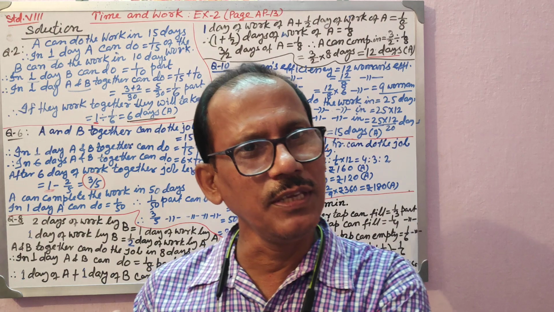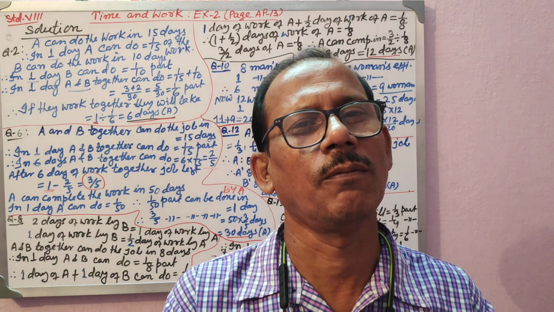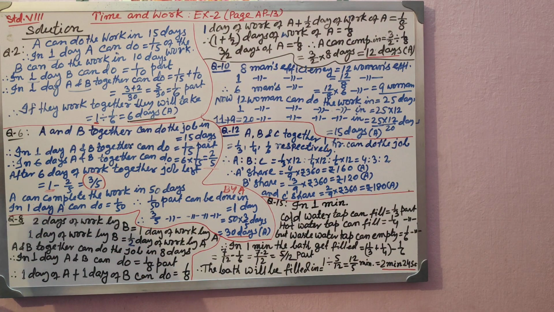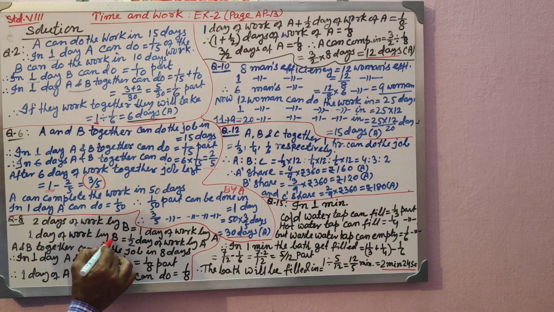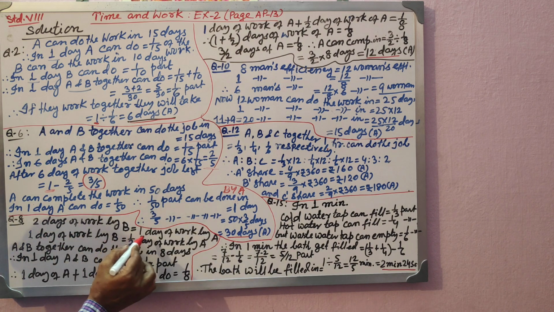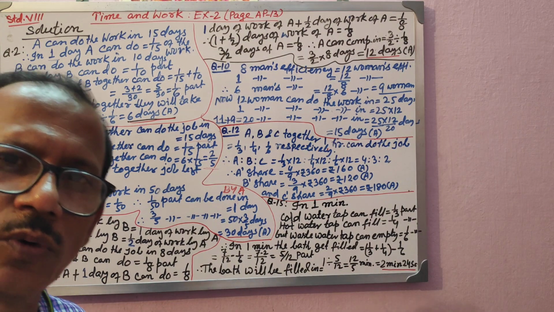Therefore 2 days of B's work is equal to 1 day of A's work. You have written that down. Then 1 day of B's work will be half of a day of A's work. Is it not? Yes, it is. In 1 day, how much can B do? What B does in 1 day, A can do in half a day, because A's ability is twice.